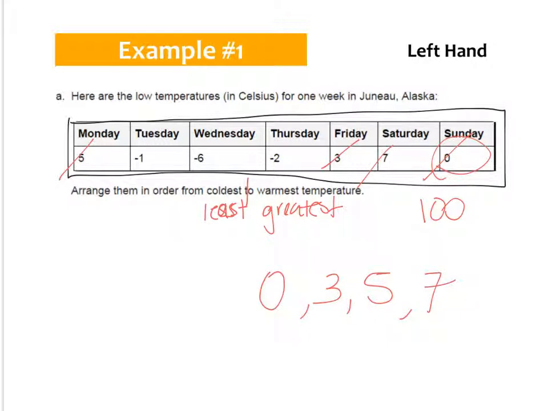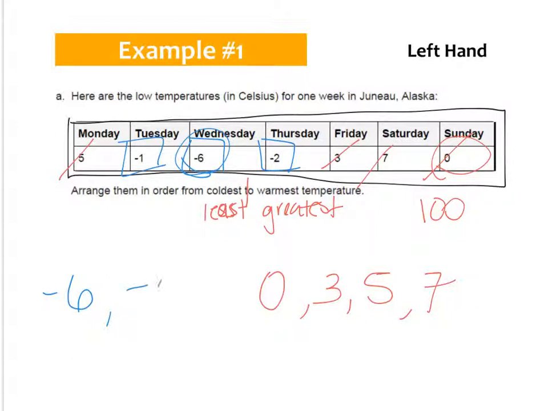The tricky part is the negative numbers. Out of -1, -6, and -2, which one is the farthest away from 0? -6, so -6 is going to be my least number. Which is the next one farthest away from 0? -2.